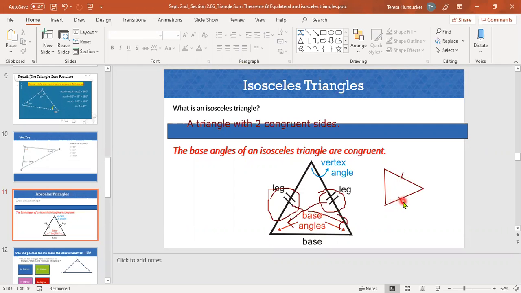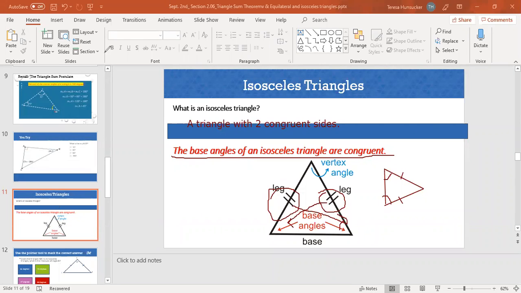That's a base angle. Second leg, go directly across. That's a base angle. So base angles are congruent. That's a theorem, actually. The base angles of an isosceles triangle are congruent. We make these little arcs. Okay? Very, very important.